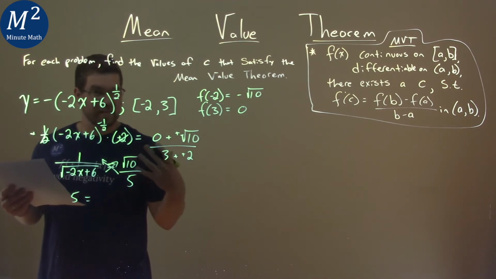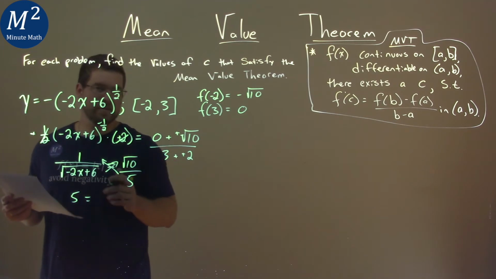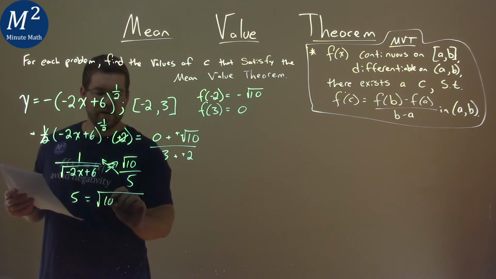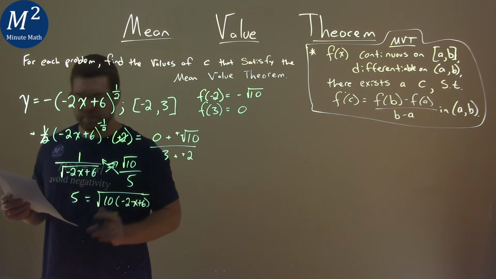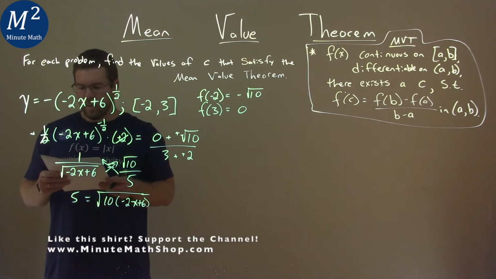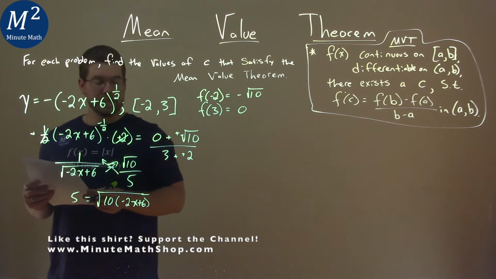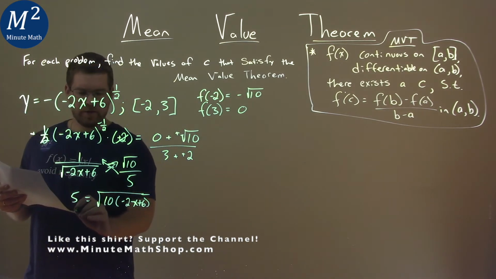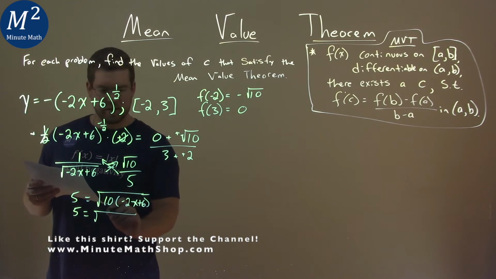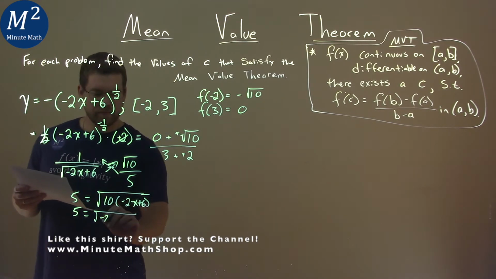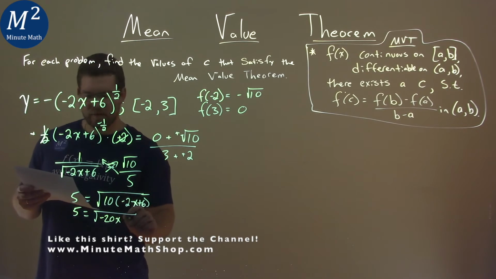Since it's multiplication, we can combine them into one square root: the square root of 10 times -2x plus 6. What does that simplify to? We have a 5 equals the square root of 10 times -2x, which is -20x, and then 10 times 6 is 60.